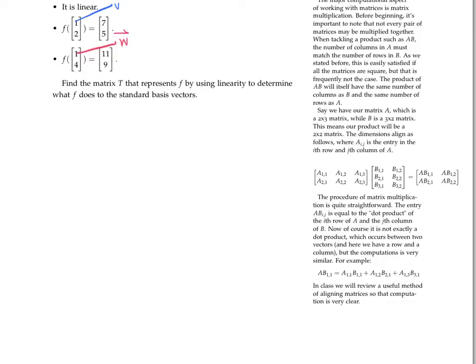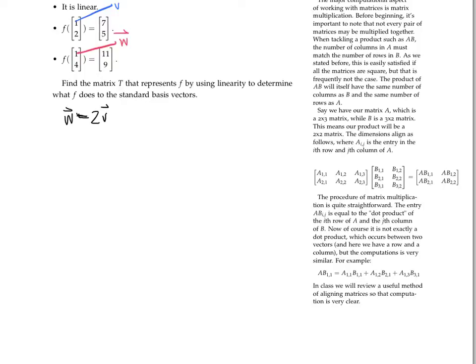So if I started with vector W and I subtracted off 2 times vector V, I would at least have 0 in the second component. That should be a subtraction sign.